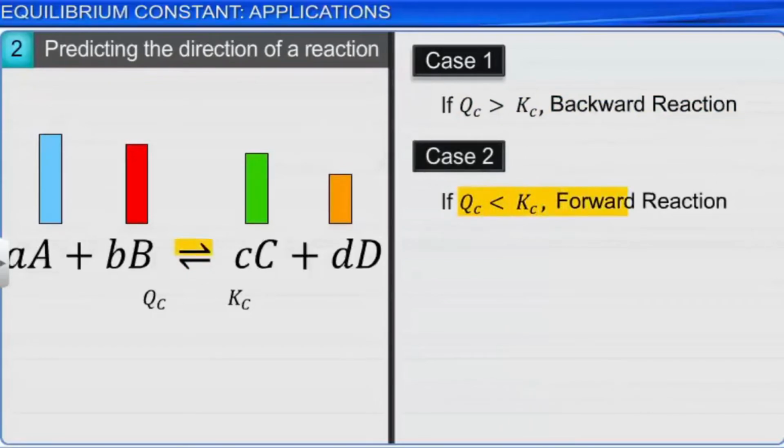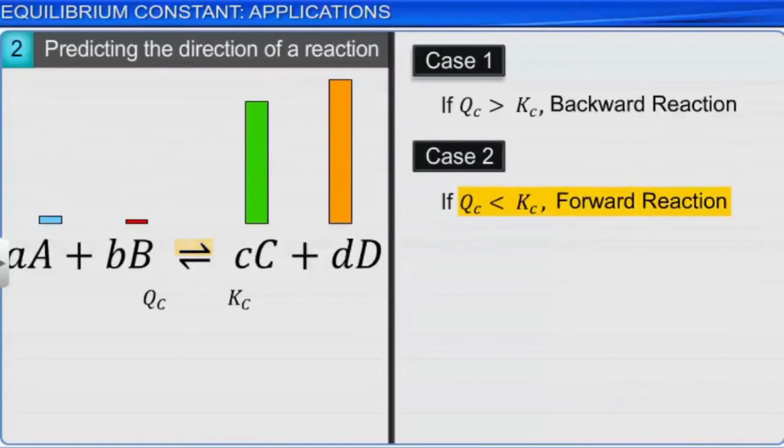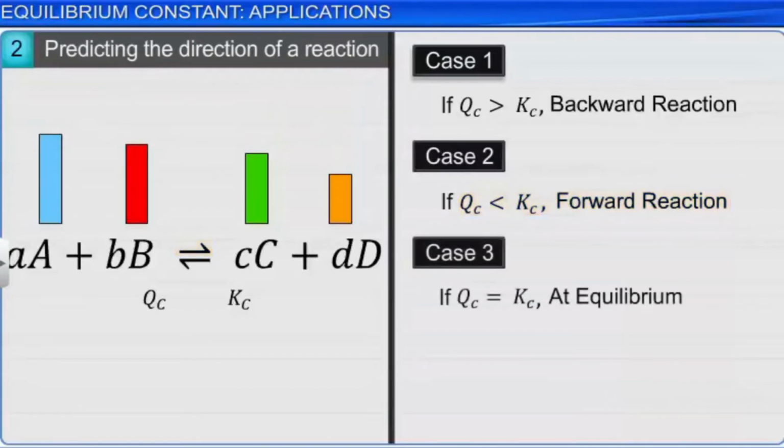That is, the reaction proceeds in the direction of the products. If Qc is equal to Kc, then it indicates that the reaction mixture is at equilibrium. Thus, we can predict the direction of a reaction with the help of its reaction quotient and equilibrium constant.